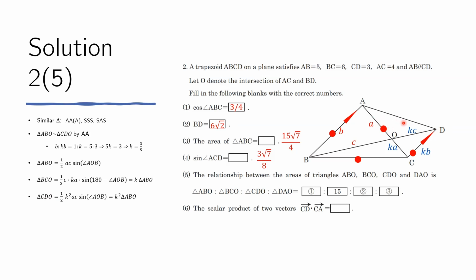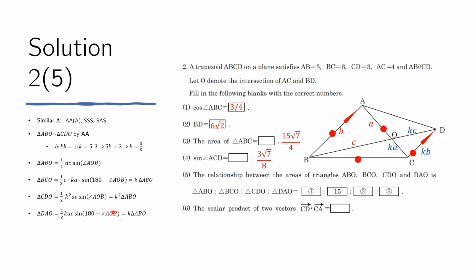And lastly, for the last triangle here, we do the same thing. We get 1/2 times this side, which is A, times KC. If you multiply that all together, that's 1/2 KAC times the sine of 180 minus the angle AOB. We already mentioned that the sine of 180 minus the angle is the same as the sine of just the angle.